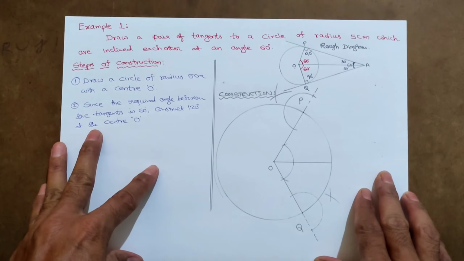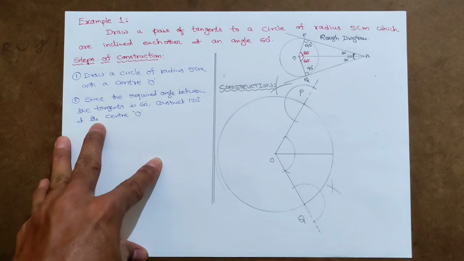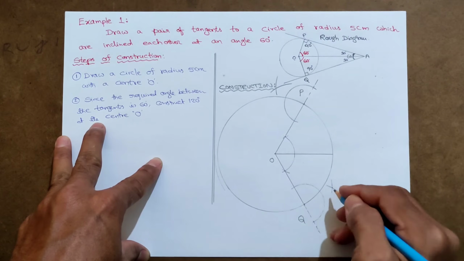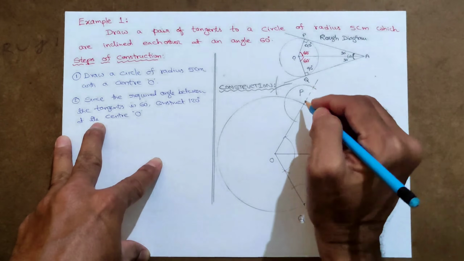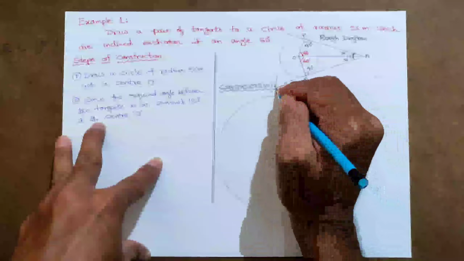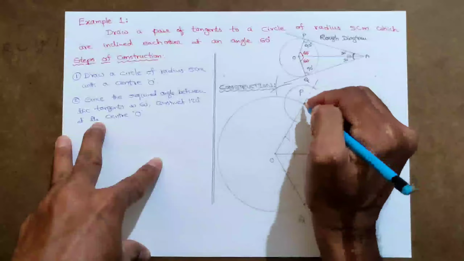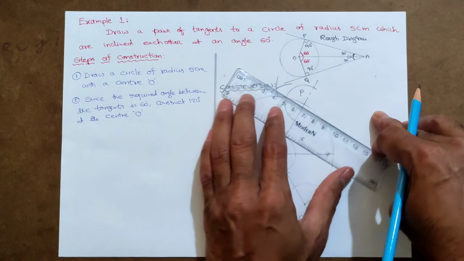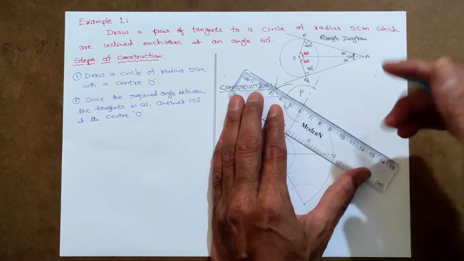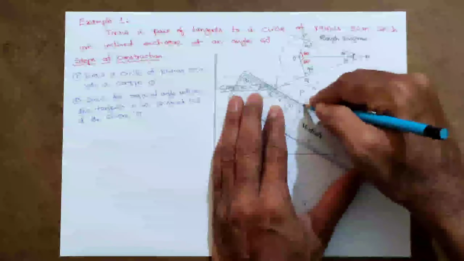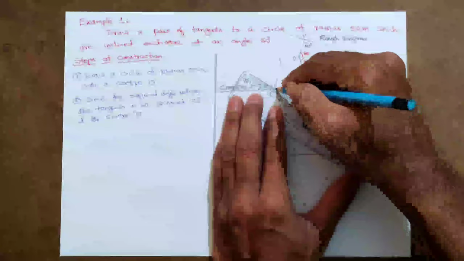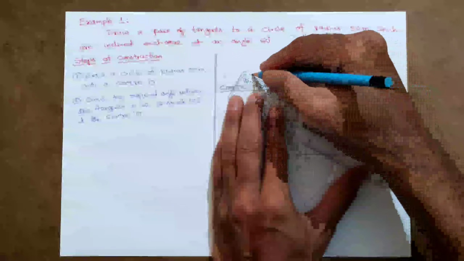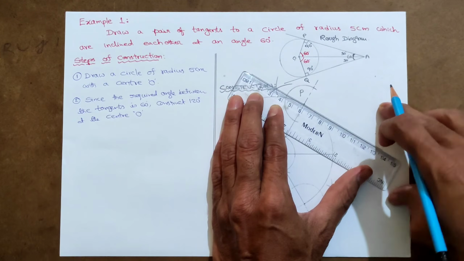Now let us join this point to Q, and at the same time this point of intersection to P. So this is P and here it is the point of contact, right? So let us join it.